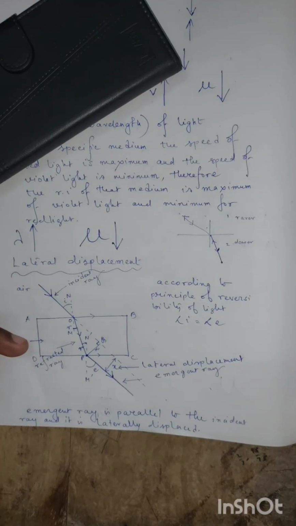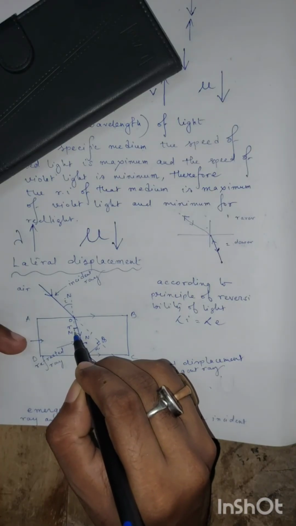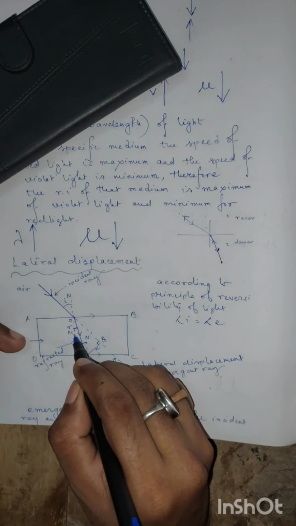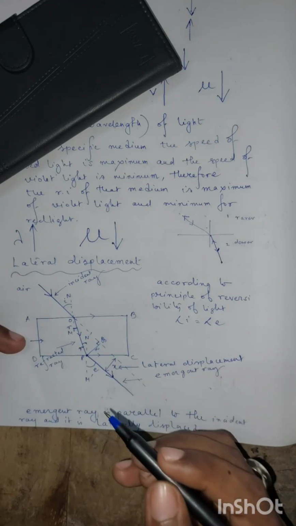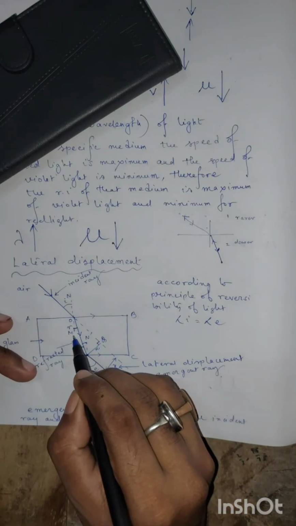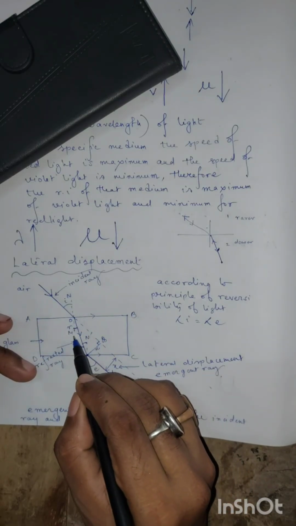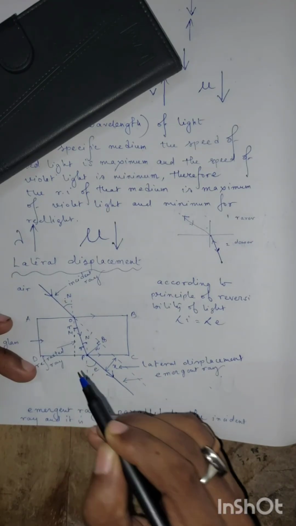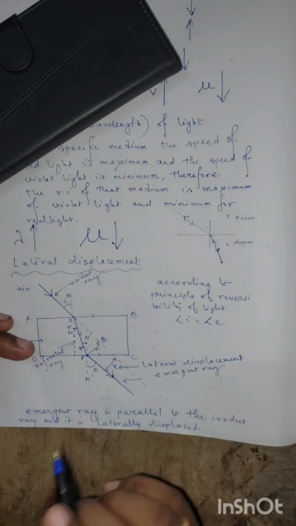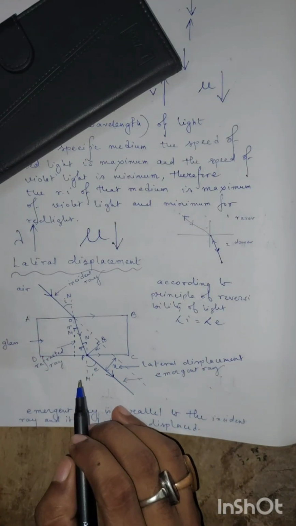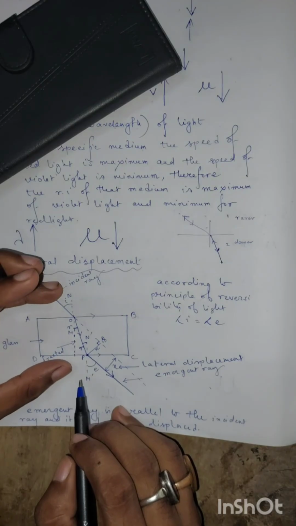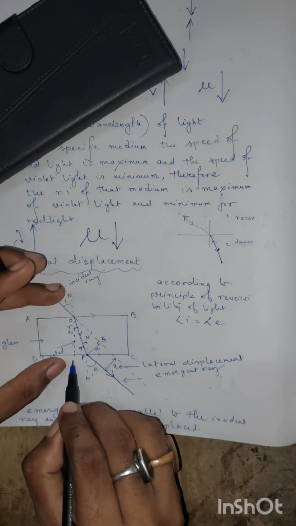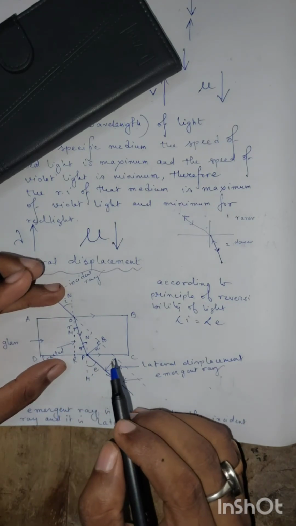Now let us do one thing. Let us produce NM to meet the side DC. Let us name it R. Okay.